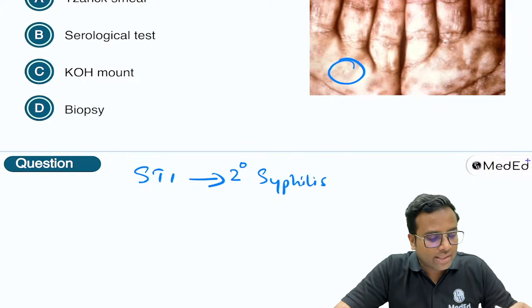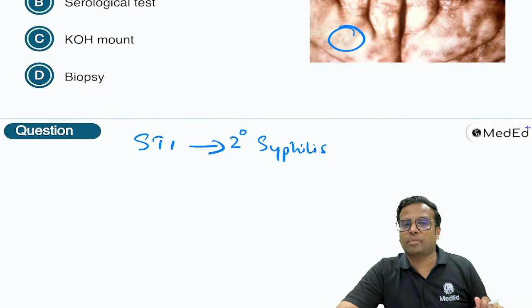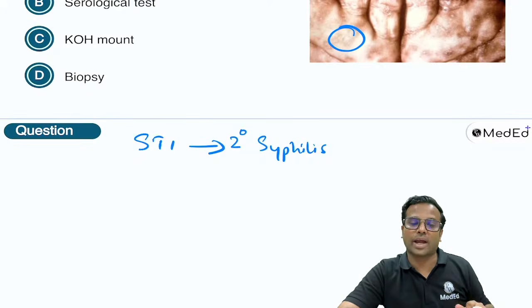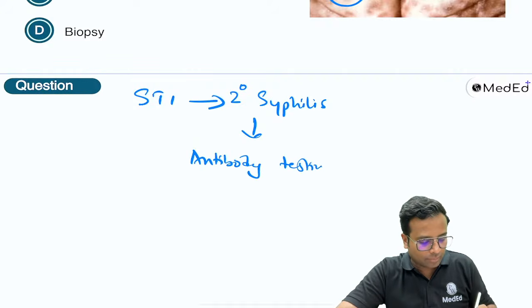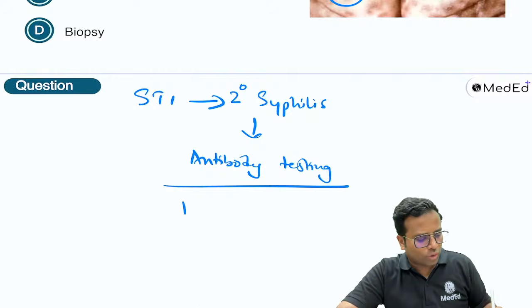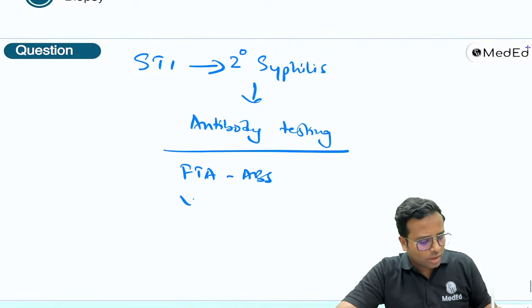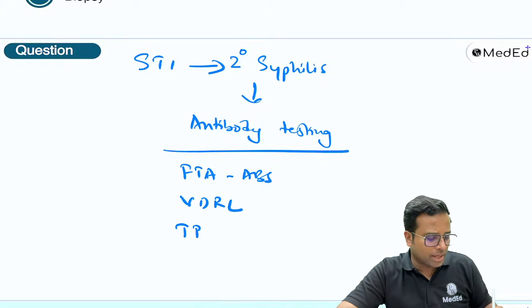Correct? In secondary syphilis, will you go for a dark field microscopy or will you go for antibody testing? Obviously, you have to go for antibody testing, right? So here you can go for something called FTA-ABS, even a VDRL can be done, TPHA can be done, TRUST can be done.